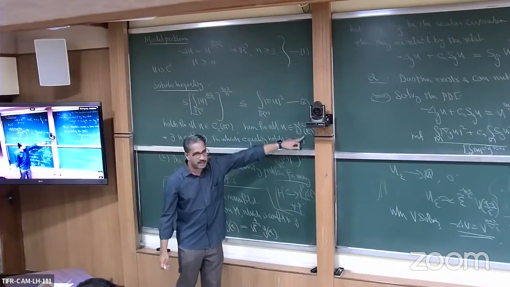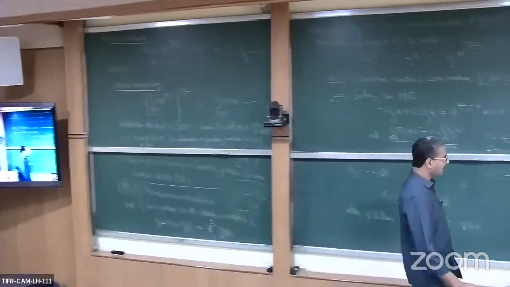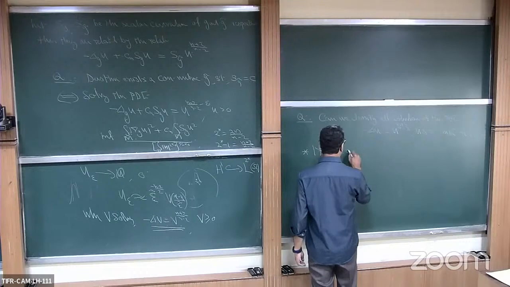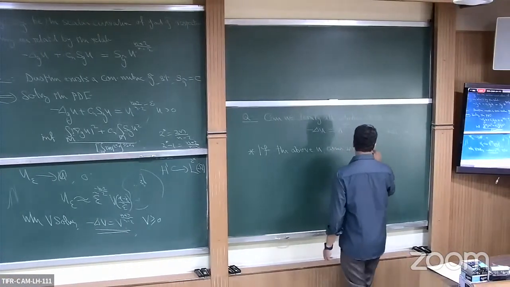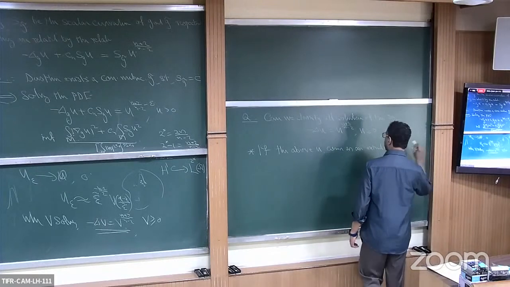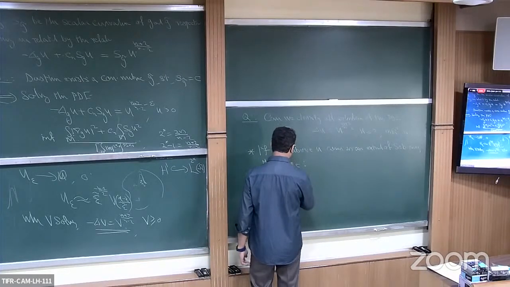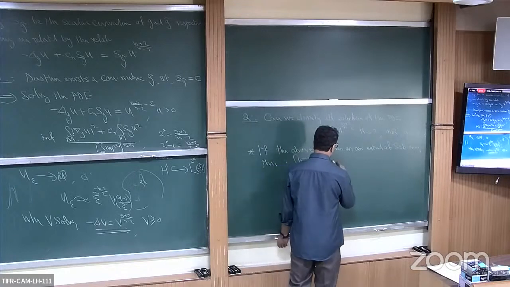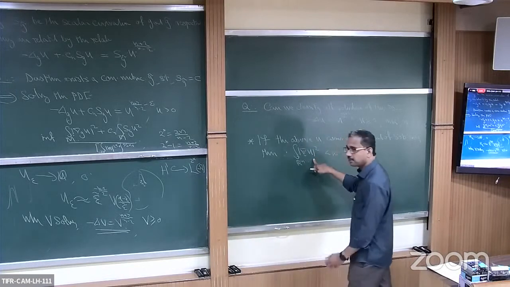Moreover, it is going to be in the space D^{1,2} of R^n, which means the integral of gradient of u squared is finite. So if you are getting the solutions through that source, then you will have this extra bound.